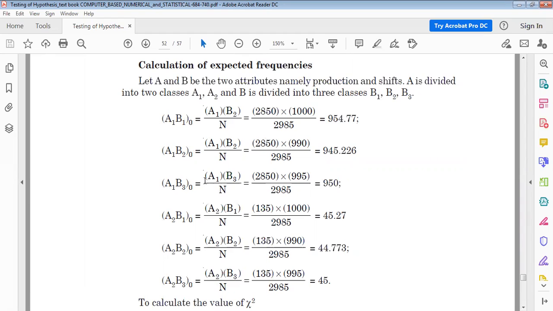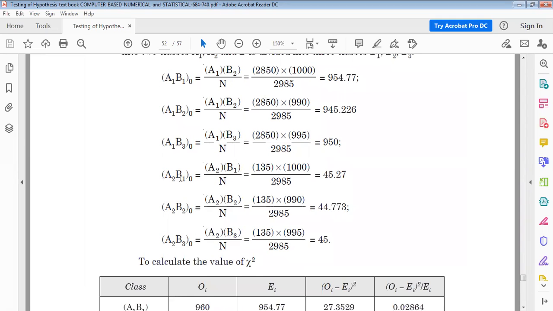First row, third column would be the same way. And the second row, first column expected value: second row total multiplied by first column total, divided by N.